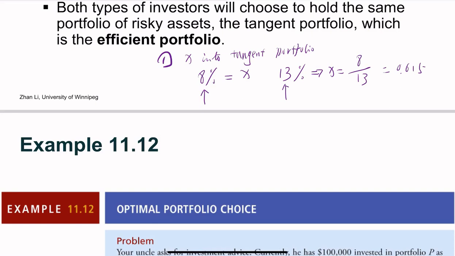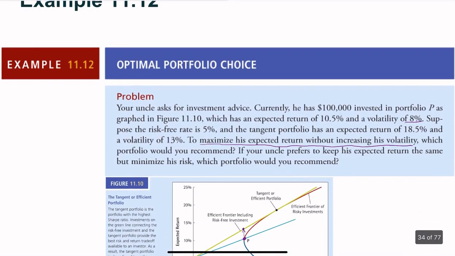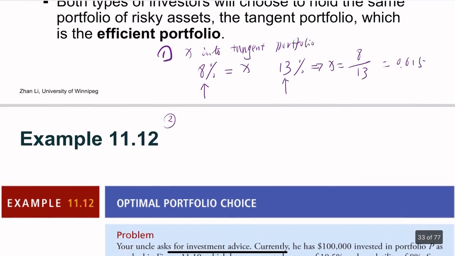Okay, great. Now let's look at the second question. The second question says, if your uncle prefers to keep his expected return the same, but minimize his risk, which portfolio would you recommend? So again, we assume he puts x fraction of his money into this tangent portfolio.